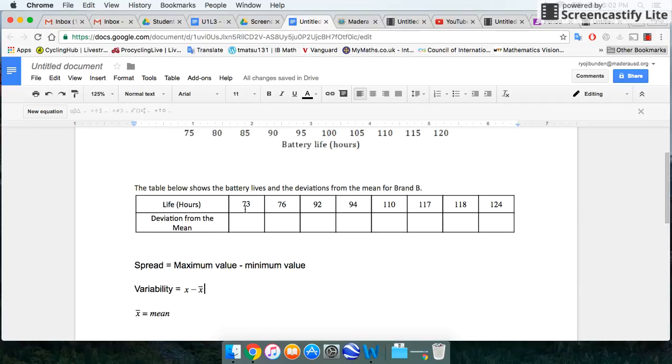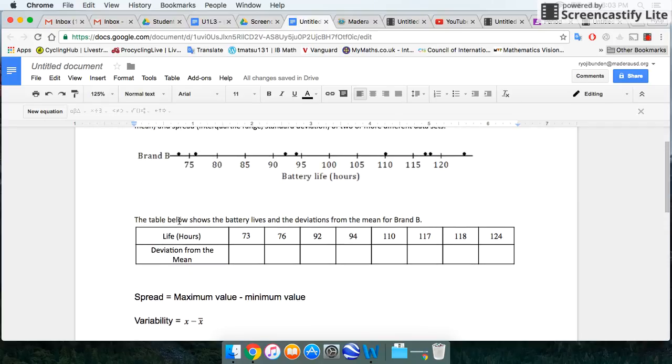So how far off is this battery life of 73 hours from the average? Then the other item is spread. We want to know overall, as a distribution, how far spread out these battery lives are, right?